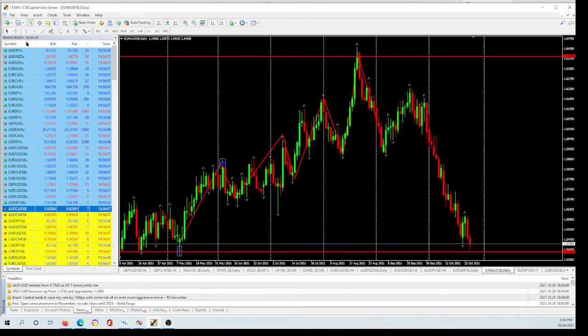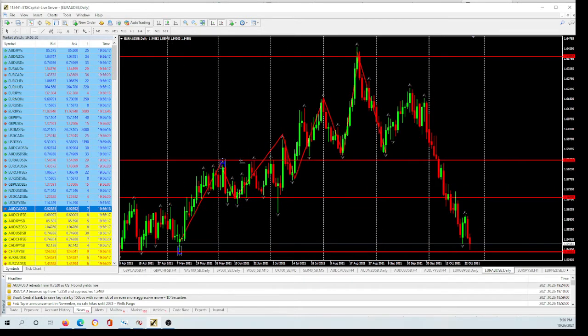So this is where the key areas, which is the demand zone and the supply zone, those are the areas that you have to understand and mark them. So these are the key areas that you mark, and this is where, if you are looking for a buy trend, you are going to take your trade.